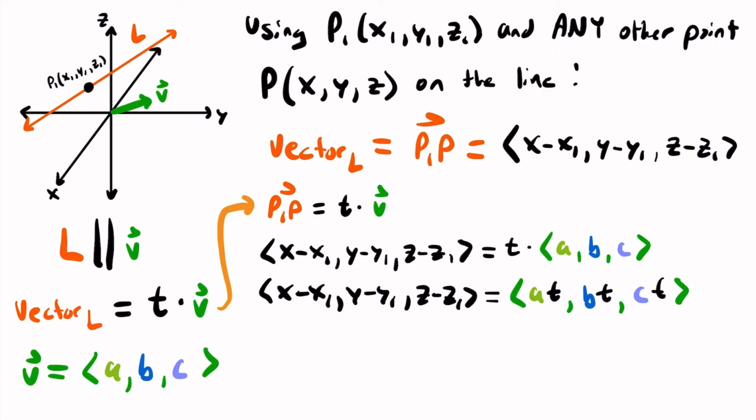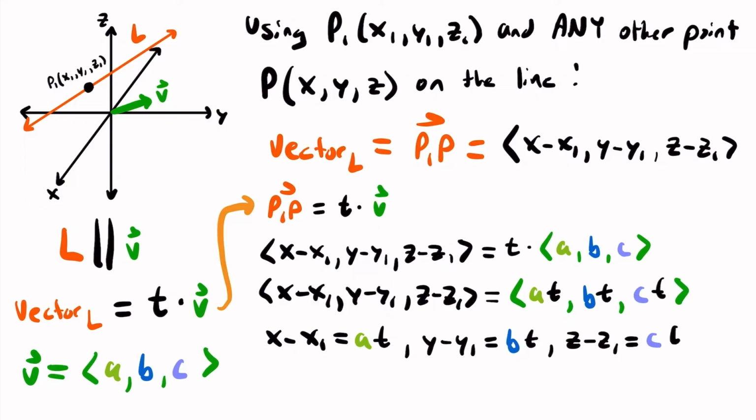And so if we do that, here's what we'll have. We'll have x minus x1 is equal to a times t, and then we'll have y minus y1 is equal to b times t, and then we'll have z minus z1 is equal to c times t.